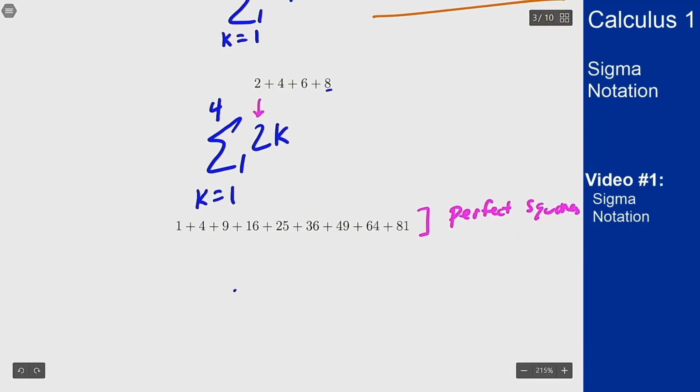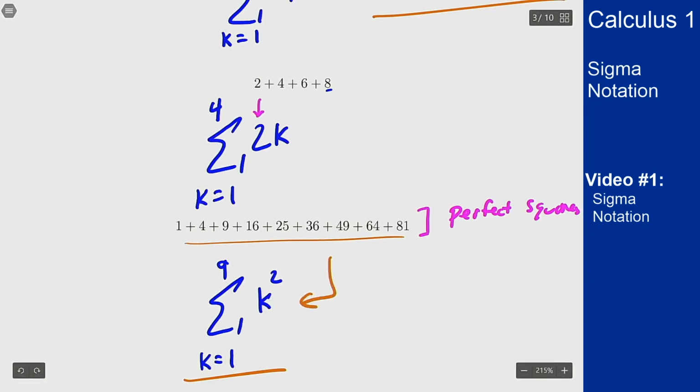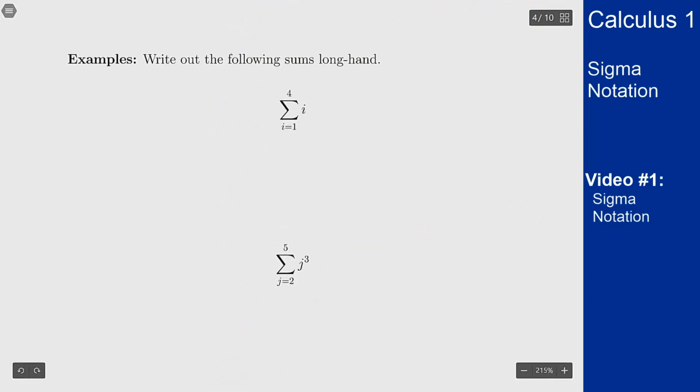Well, I want to start from 1 and go up to 9, and at each step I want to add that number squared. This will give me 1 plus 2 squared is 4, plus 3 squared is 9, up to plus 9 squared is 81, and then stop. So this gives me the summation that I had here, written out in the sum form. And you can see it's much easier to write this out than it is to write the big one above.